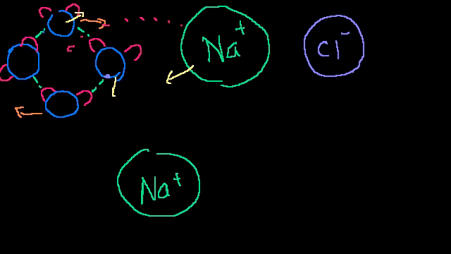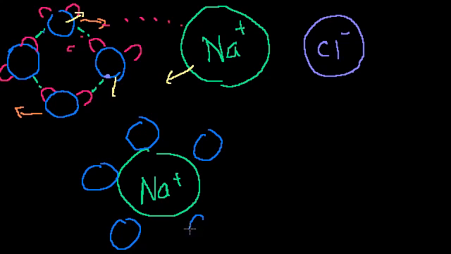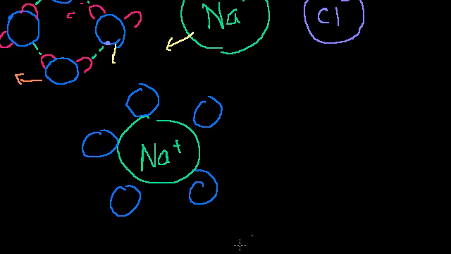You'd have a bunch of sodium, which is positive. It would be attracted to the negative end of the water molecules, so the oxygen end. So it looks like that. The oxygen end, and then the hydrogen ends are going to be pointing in the other direction, on the other side. And of course, the chlorine atom is going to be very attracted to that other side.